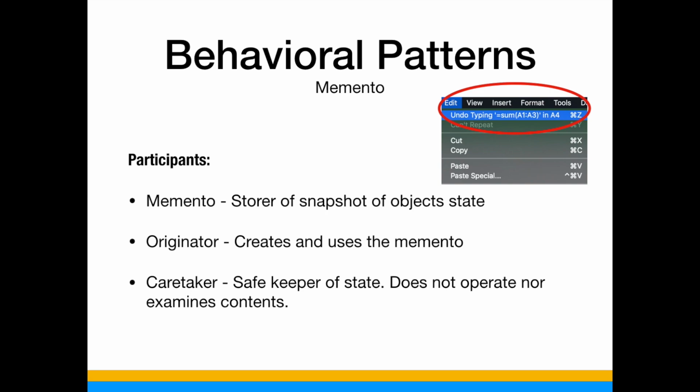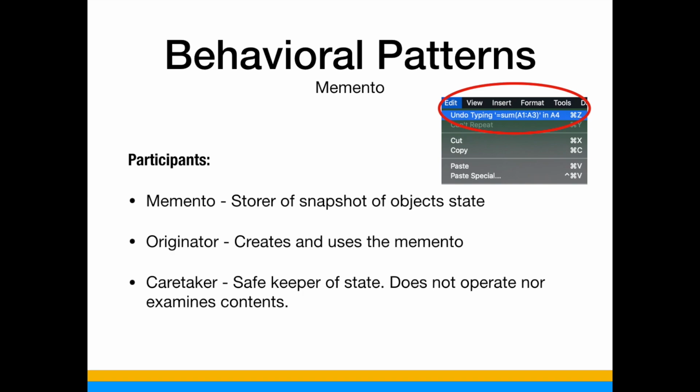The memento is an interesting one, because you're using it every day, all the time, every time that you use the undo key or Control Z or whatever the shortcut is in your computer. The memento is a way for you to store the current status of an object, and it has three participants: the memento, which is the snapshot; the originator, which in the case of, say, Excel, is essentially some part of the program that says, okay, when I click undo, I'm going to create the memento and then store it somewhere.